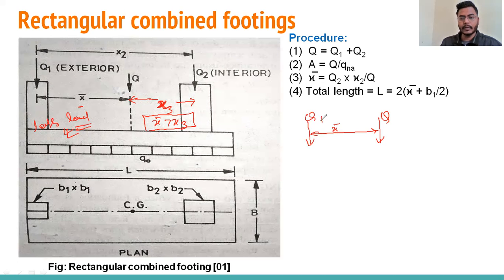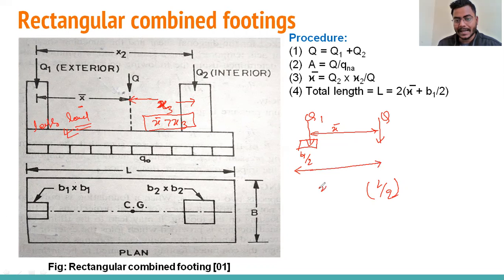First we decide the half length L by 2 of the rectangular combined footing. x bar is this, and from the cross section we can write this length as B1 by 2.